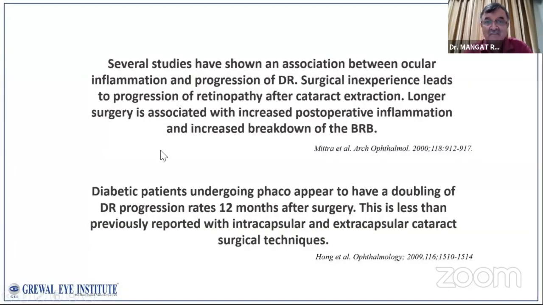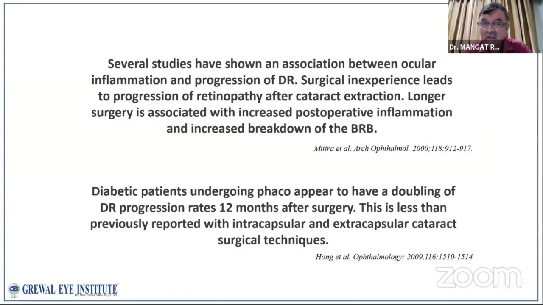There are several studies which have shown an association of ocular inflammation and progression of diabetic retinopathy, and surgical experience leads to progression of diabetic retinopathy after cataract extraction. So I am going to harp on this again and again: you need a very good cataract surgeon for a diabetic patient, especially if there is a DME.